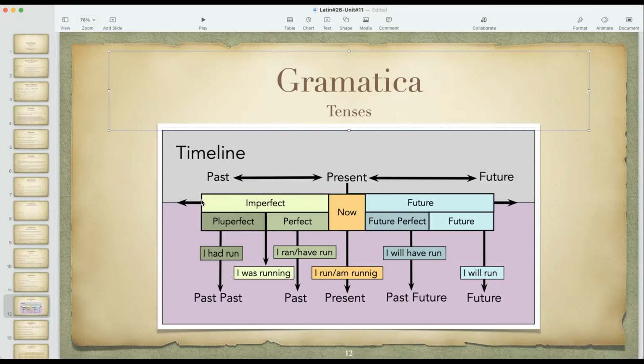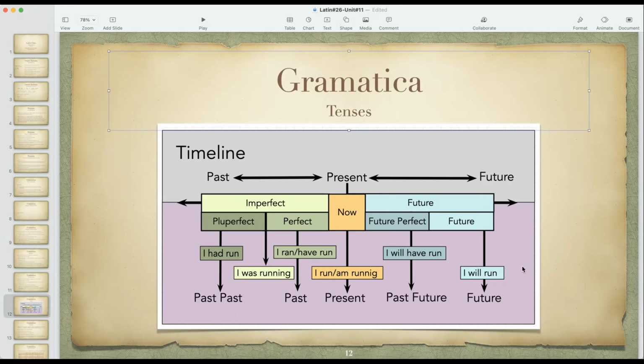The problem with the imperfect is it's indeterminate. It can occur long ago or right up to now, okay? But the perfect is I ran, it occurred before now, and then the pluperfect would be even before it, I had run. So I'm going to label that as the past.